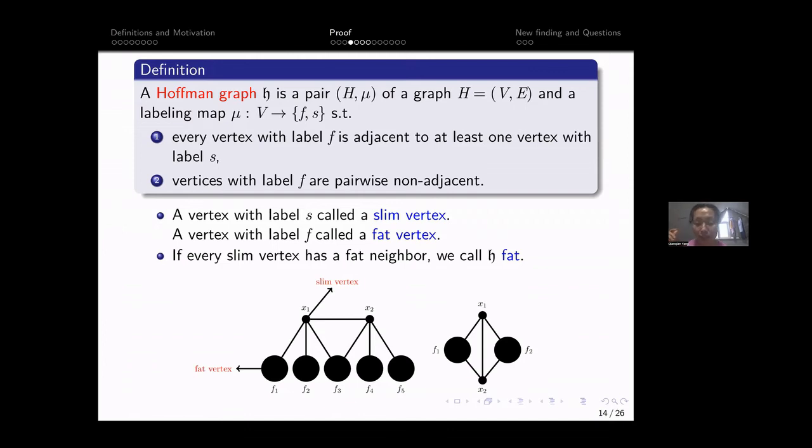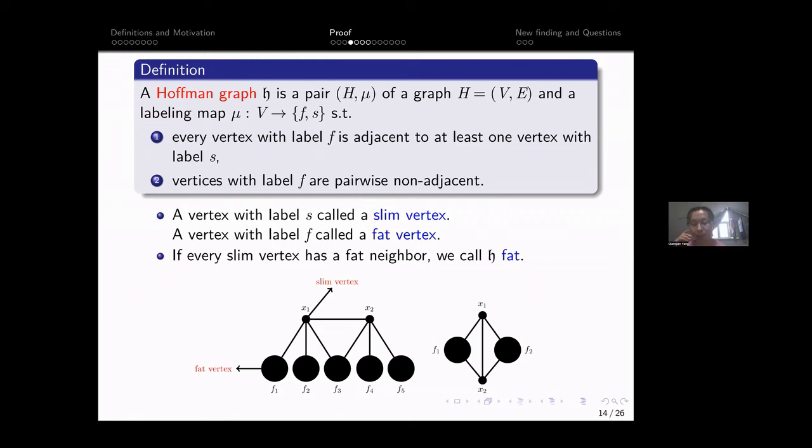The definition of Hoffman graph occurs in a paper by Woo and Neumaier in 1994. In that paper, they used Hoffman graphs to study graphs with smallest eigenvalue slightly less than -1 minus square root 2. But the idea to use Hoffman graphs to study graphs with fixed smallest eigenvalue first occurs in a paper by Hoffman in 1976.